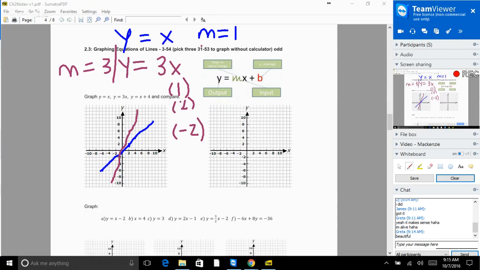And so what happens when your slope goes up? The line rises much faster, right? Your rise over your run is much bigger. So even a difference of slope from 1 to 3, you can see how much faster this line increases. Amazing, right?